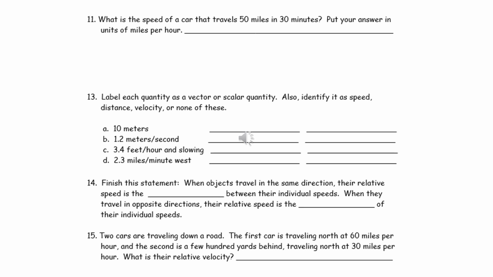Speed and velocity is probably easier to start with, and so I just wanted to remind you that when we are measuring the speed, we are measuring how fast something is going. And when we are measuring the velocity, we are measuring how fast something is going in a certain direction.